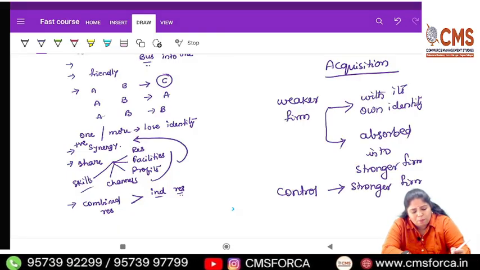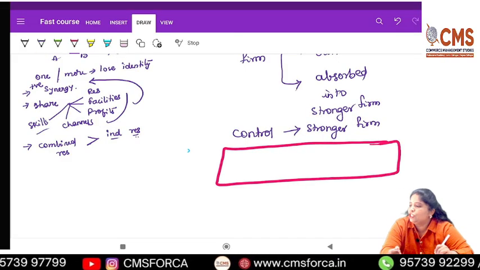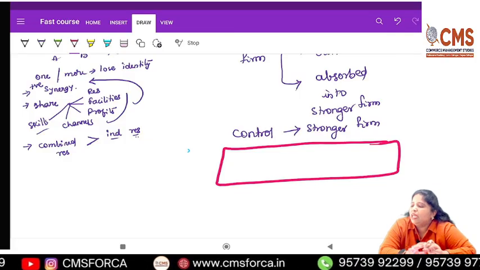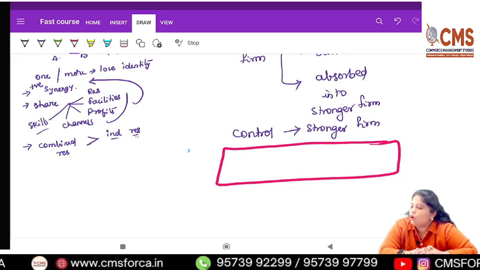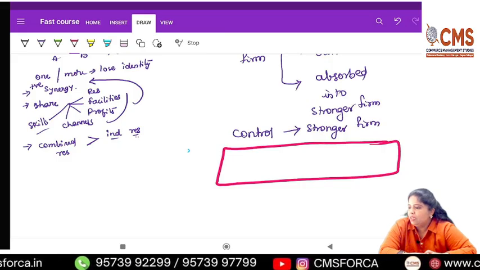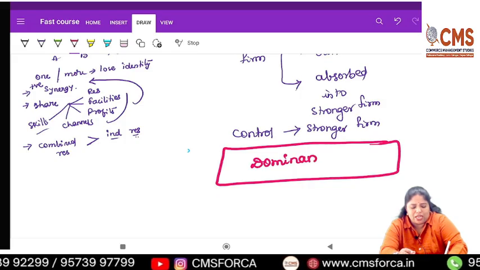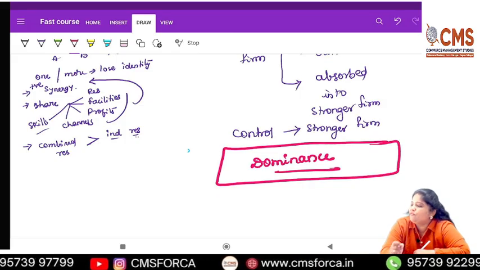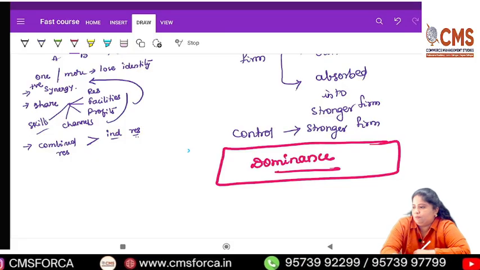So one core point you need to speak of when you are talking about acquisition is that there is no sharing of profits. All the profits, all the resources will lie under the control of the stronger firm. And that is the reason why acquisition exhibits a dominance factor. Dominance is seen from a stronger firm.